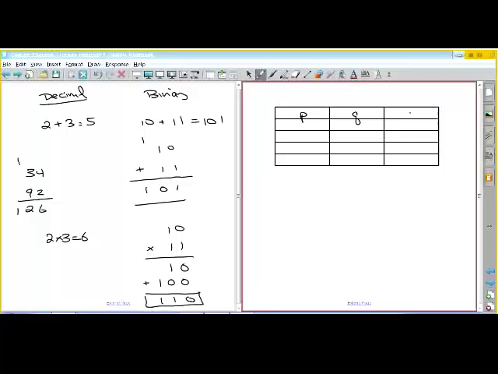And so what we'd have is we'd have P, Q, and P plus Q. I'm just showing it as an addition. And you'd have true, true, true, false, false, true, false, false. Where true you can think of as a 1, and false you can think of as a 0.